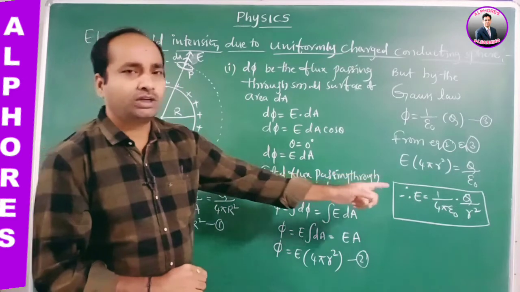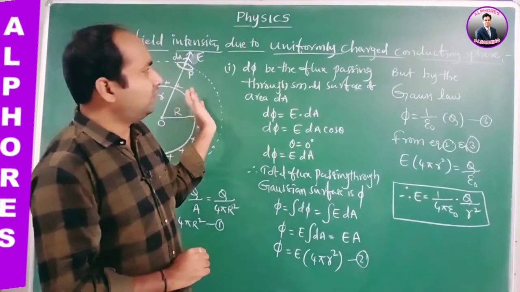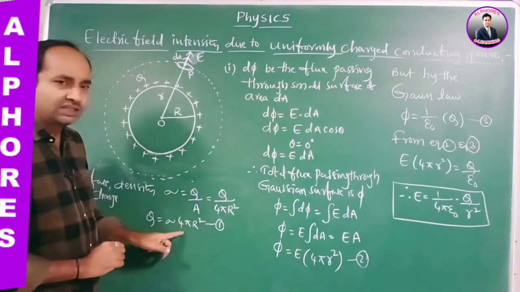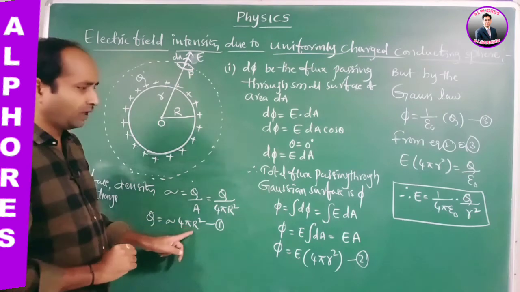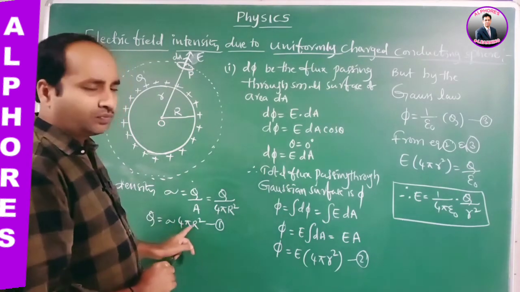But what is capital Q? Capital Q is the charge given to this conducting sphere. Capital Q can be written as sigma into 4 pi R square.